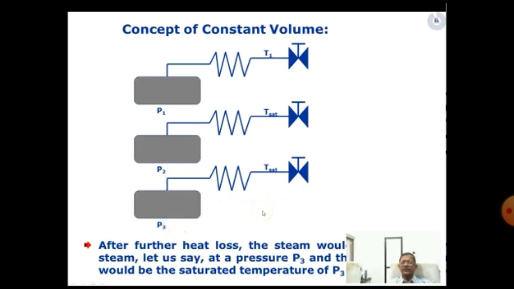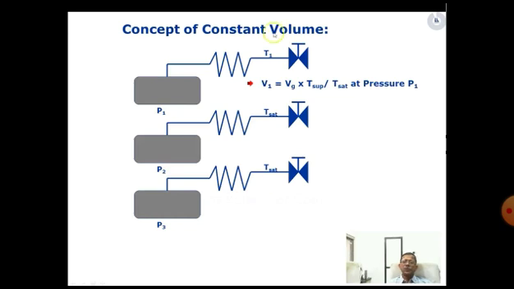Now the specific volume, if we calculate in these three conditions separately: the superheated specific volume will be Vg into T sup by T sat at pressure P1. Vg will be taken from the steam table corresponding to pressure P1. The saturated steam will naturally be the Vg corresponding to the pressure P2, and in the wet steam condition, the specific volume V3 will be X Vg, where the Vg will be taken from the steam table corresponding to pressure P3.